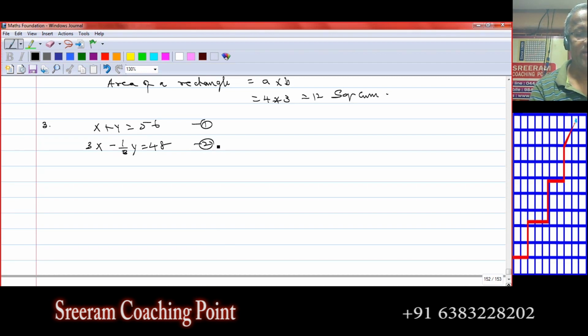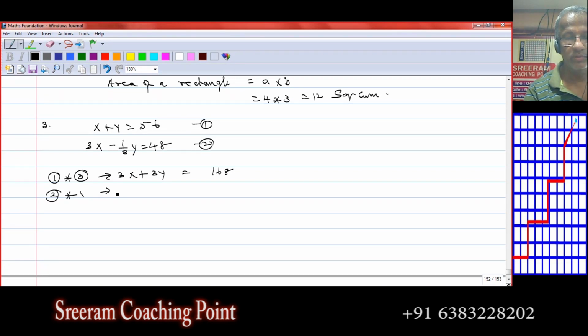So in fact, it is a simultaneous equation. 1 into 3: 3x plus 3y equal to 168. Equation number 2 into 1: 3x, sorry, minus 1 by 3y equal to 48.